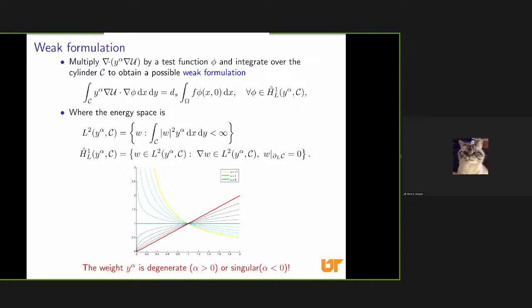And so our approach then is going to be, well, we're going to approximate the weak solution to this problem, because now this is a local problem in an infinite domain, but it's a PDE. It's something that we know how to deal with. And because we have this weight, we need to do a little bit of acrobatics in dealing with that weight, because that weight is either degenerate or singular.